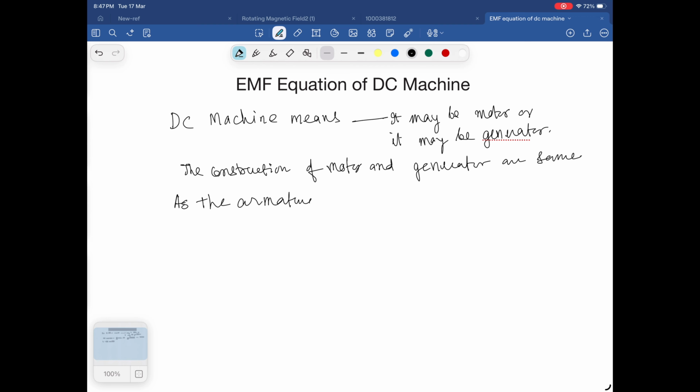Now, as the armature rotates in a uniform magnetic field, a voltage is generated in its coil.